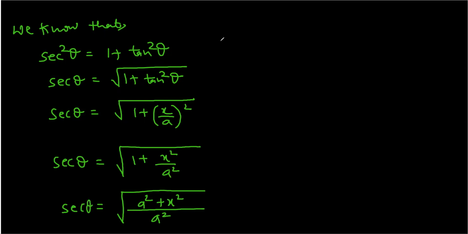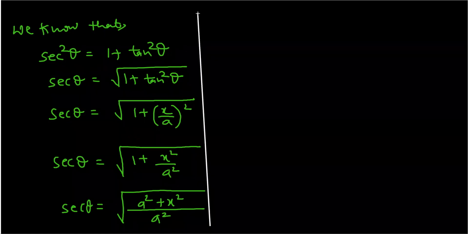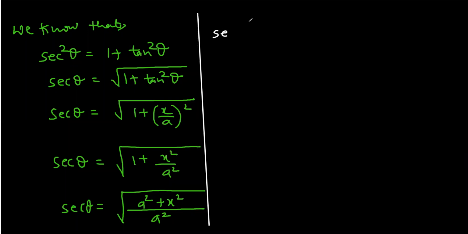Okay. So next step, I shall write sec theta equals to, writing the separate square root, square root of a square plus x square in the numerator, and denominator is a.